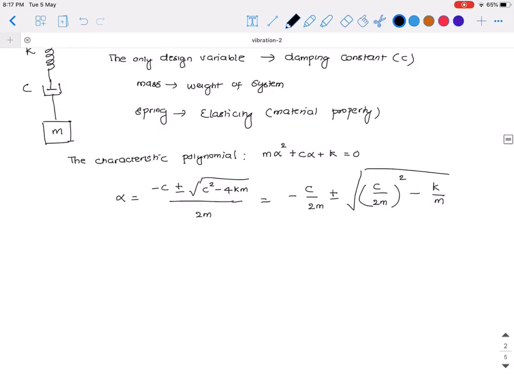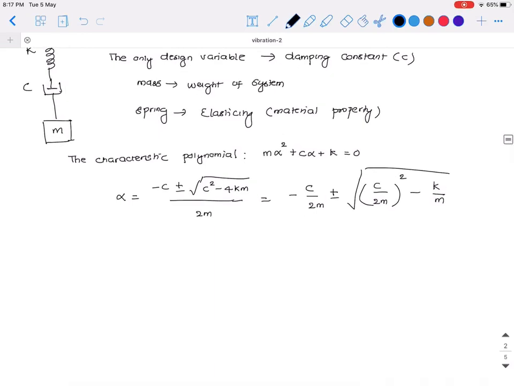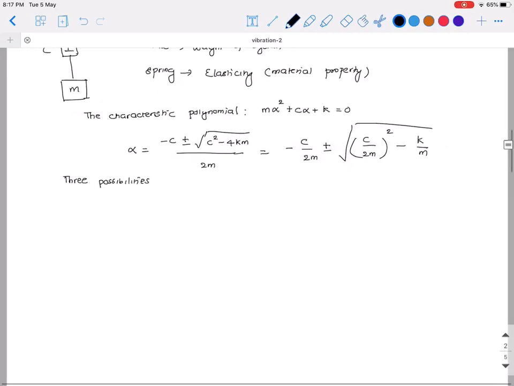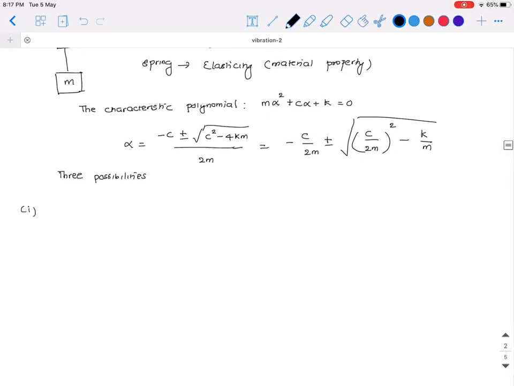Okay, so now there are three possibilities. One, what we call critical damping, which means we have two equal alpha.